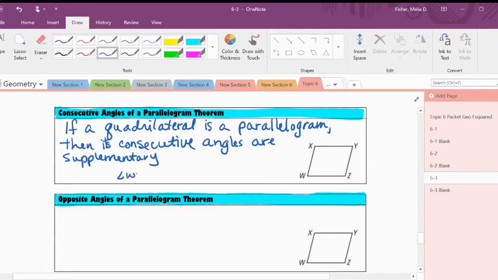Angle W plus angle X equals 180 degrees.